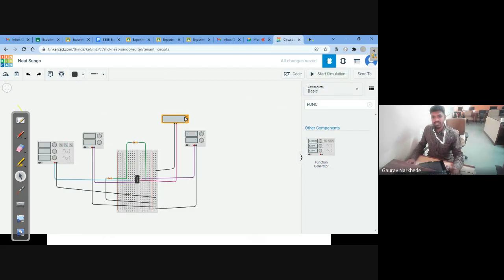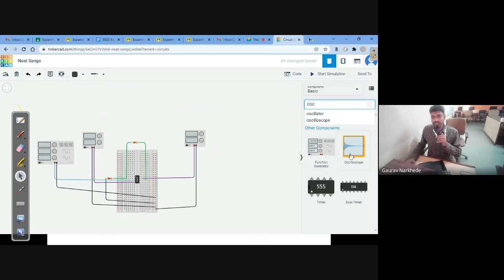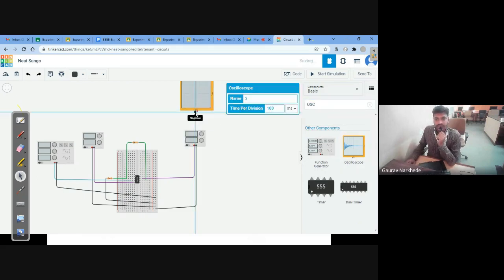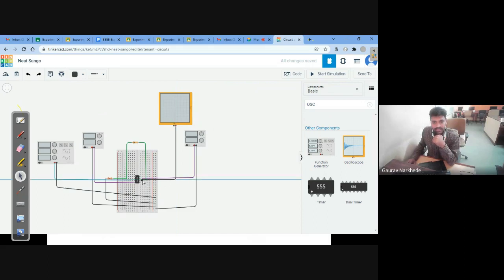So I'll stop the simulation, remove this part, and put an oscilloscope here. This positive I am connecting to the output terminal. So output is pin number 6.